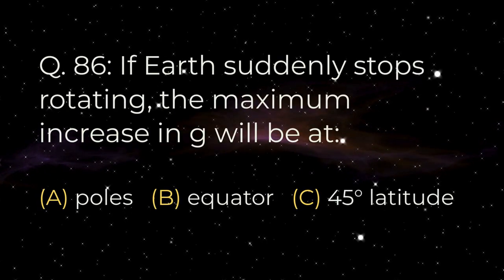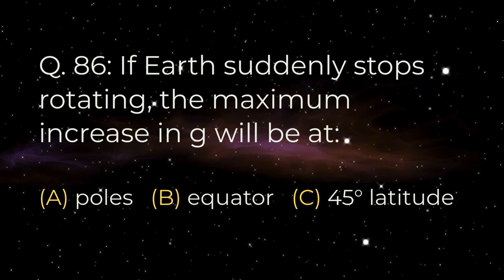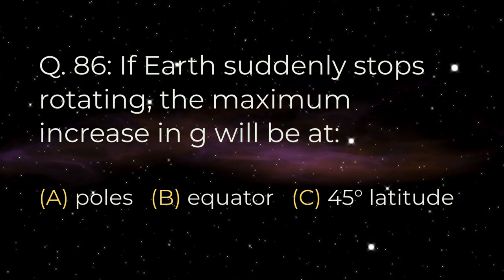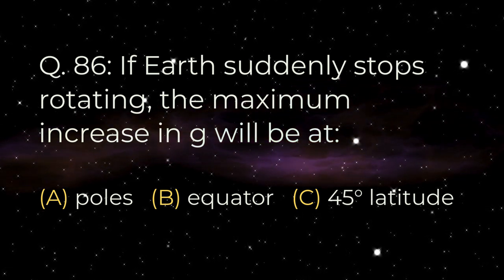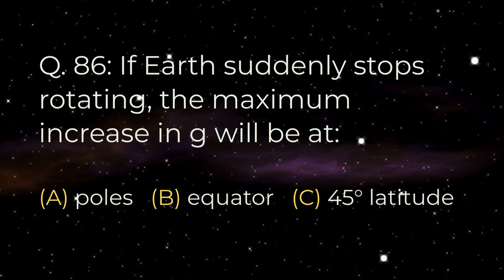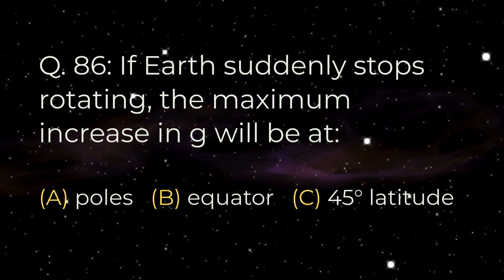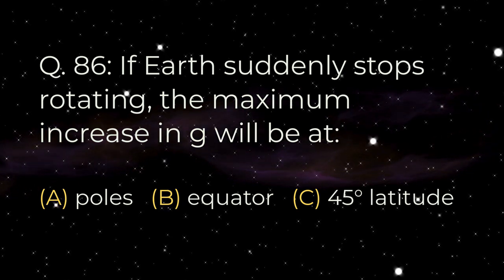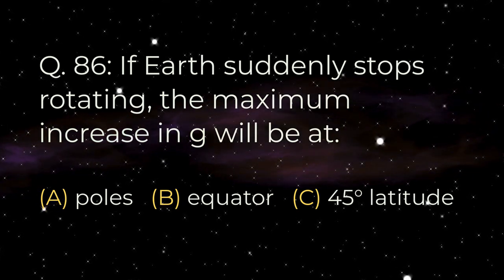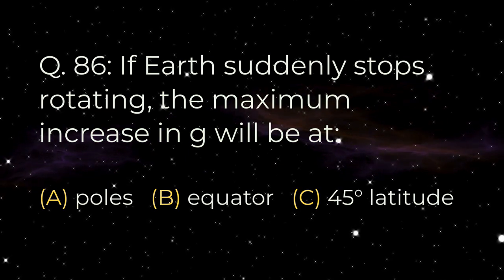Question 86. If Earth suddenly stops rotating, the maximum increase in g will be at: option A, poles; option B, equator; option C, 45 degrees latitude.